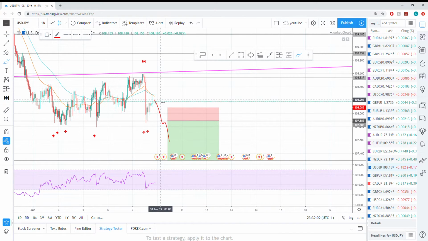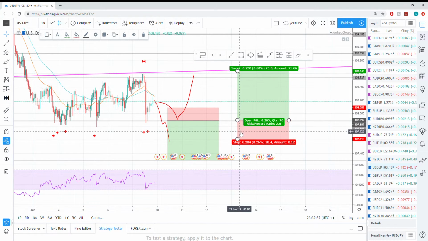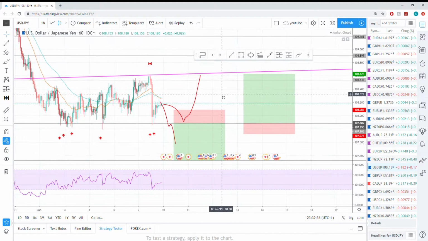However, if we find a scenario where we get the touch here again but rejection, and we can get some sort of oversold price action, I could be looking for price to come back up again. So we could get a long up here as well. We just have to see what sort of price action we get first.